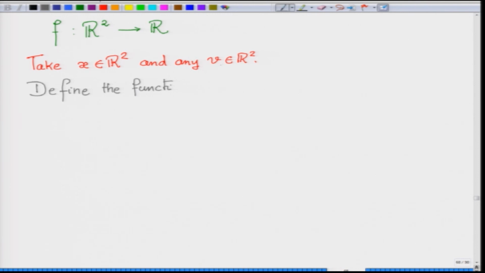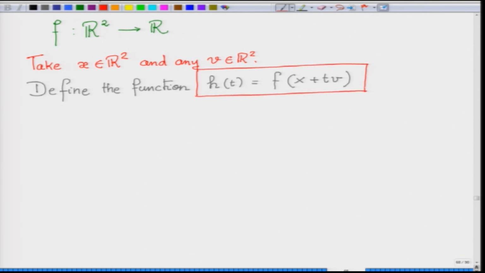You could choose v to be a unit vector, that is one which has norm of v, or length, 1. Define the function h(t), where t is in R, as f of x, where x is fixed, plus t v. So, define a function like this.